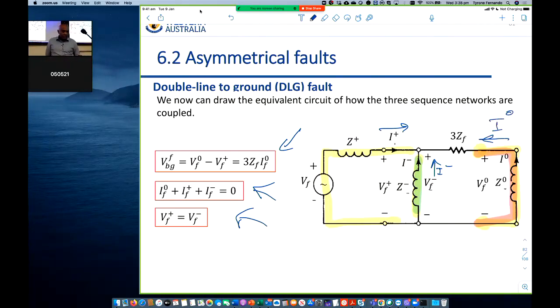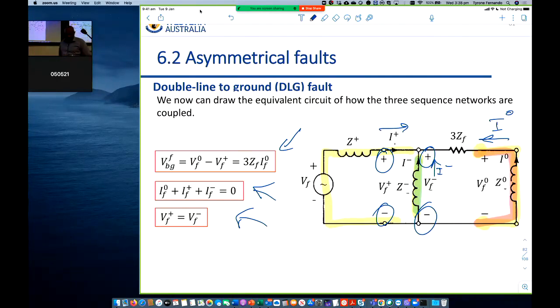So you can see the sum of the sequence currents is actually zero because all three currents are flowing into a particular node. Now, Vf plus must equal Vf minus. Vf plus is across there, and Vf minus is across there because the green is the negative sequence circuit. They are connected in parallel, so they are the same. So we can satisfy that.